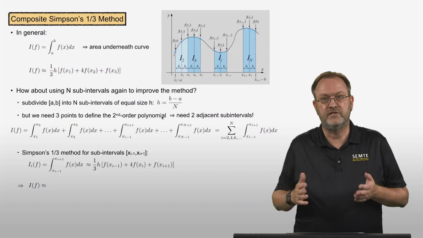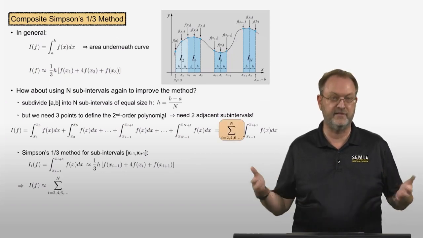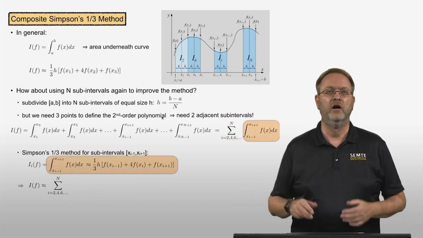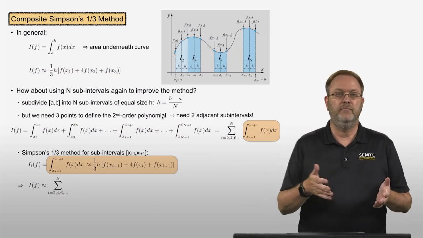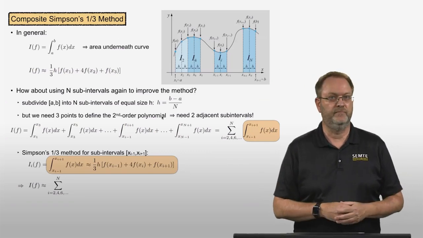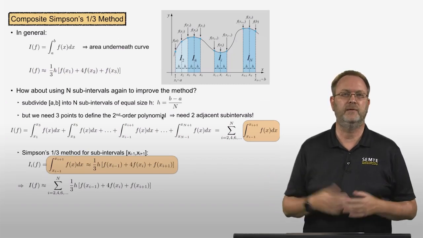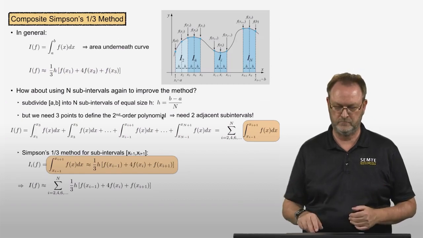And now all we have to do is substitute this into the sum formula that we defined before. So it's again the sum from 2 to 4 to 6 all the way to n of this discrete version of the integral from x_{i-1} to x_{i+1}, which is 1/3 h times f of x_{i-1} plus 4 times f of x_i plus f of x_{i+1}.